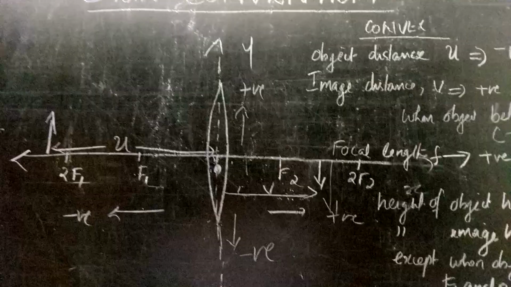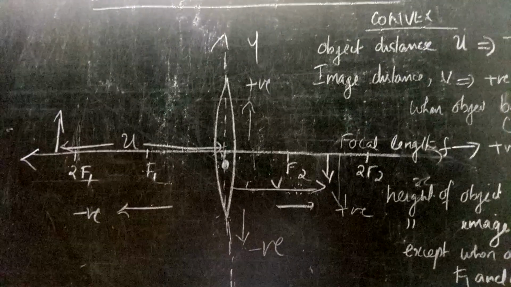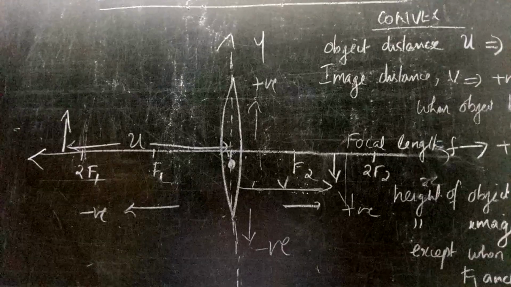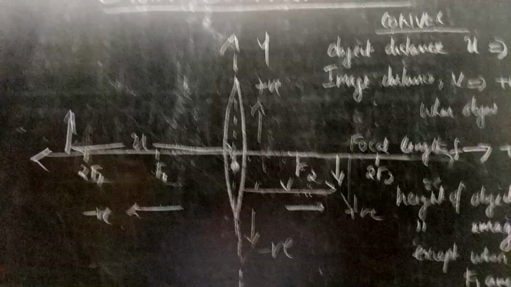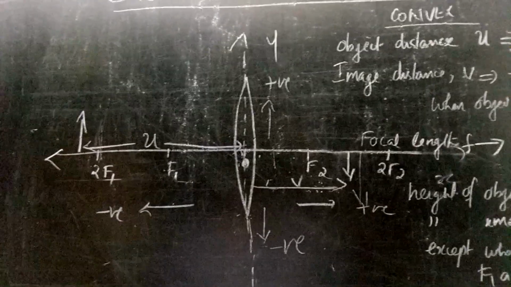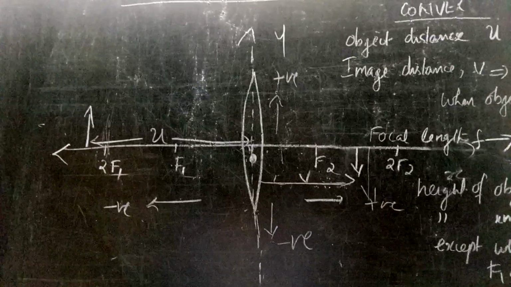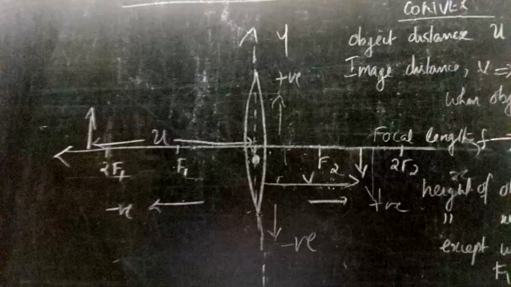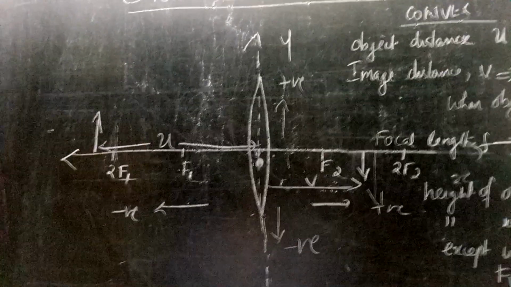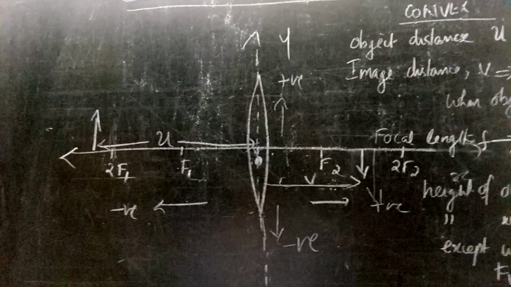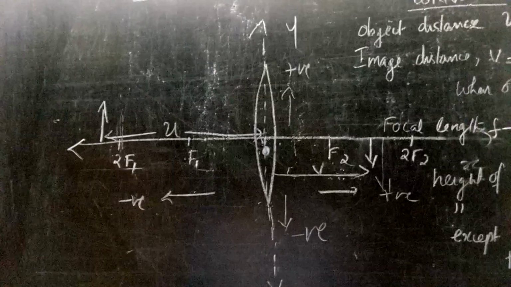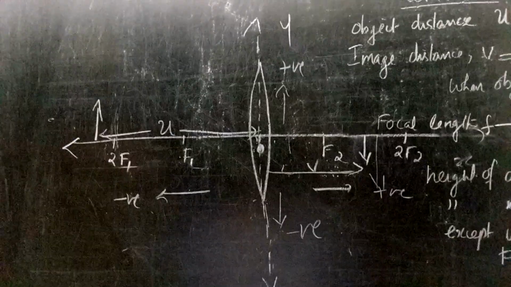So here we have to read the question carefully. They may ask about spherical lenses or spherical mirrors. If it is based on mirrors, P should be taken as origin. If it is given as spherical lenses, we have to take the optical center as the origin. So you have to read the question carefully. Then you have to draw the diagram. If it is a lens, you should draw the convex lens. If it is a mirror, you can draw the concave mirror.